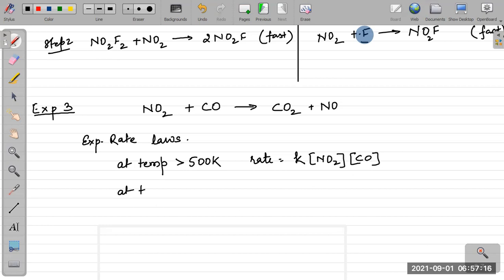whereas at temperature less than 500 Kelvin, the rate is equal to k into NO2 square.